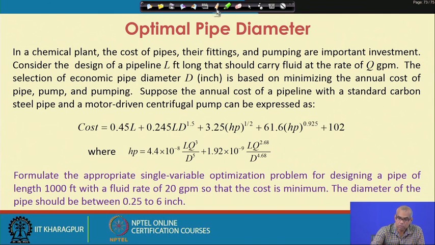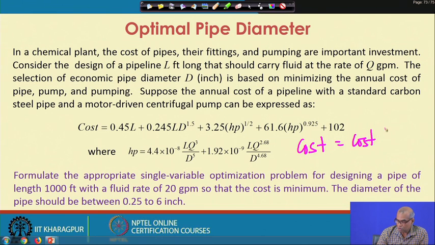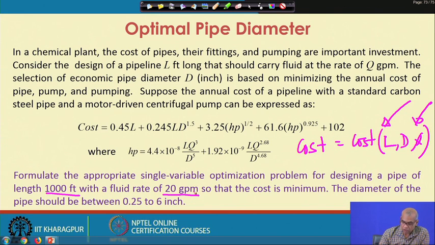So, we found that the cost is basically a function of L, D and Q. Now, we are specifying the pipe length L at 1000 feet and the flow rate Q at 20 gallon per minute. So, basically the cost becomes now a function of pipe diameter alone.